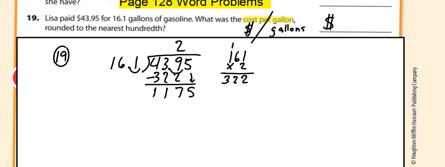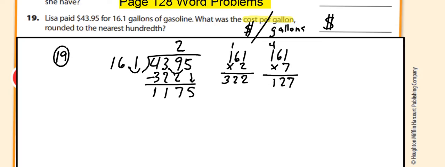How many times does 161 go into 1,175? And I'm going to guess around 6 or 7. I'll remind you that one strategy you could use is you could try one computation, and your partner could try another. I think I'll try 7 here. 7 times 1 is 7. 7 times 6 is 42. 7 times 1 is 7, plus 4 is 11.